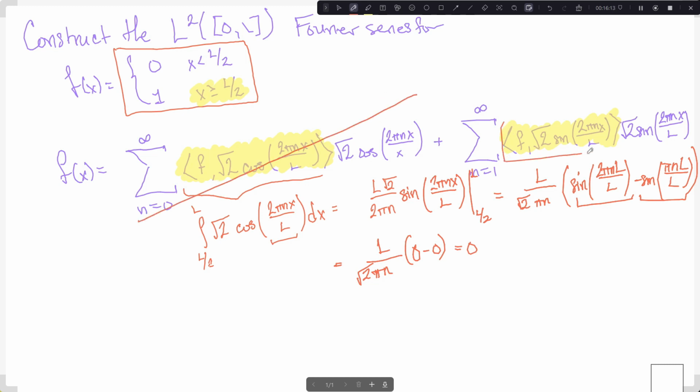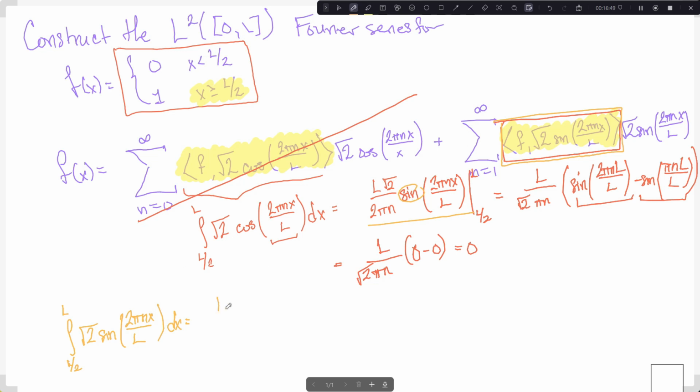And now I just have to compute this as well. So switching colors to compute that one. That's going to be the integral from L over 2 to L of root 2 sine 2 pi n x over L, dx. Playing the same song and dance, I'm going to recover everything the same, except I'll get a negative cosine there instead.